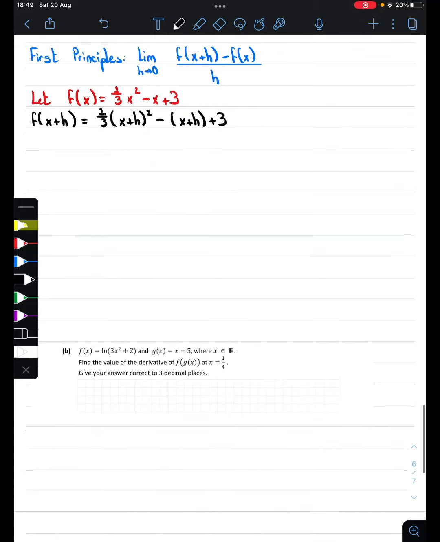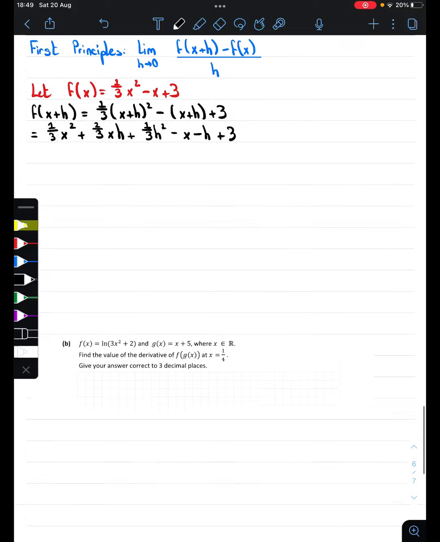So let's just tidy this up a bit. We get 1/3 x squared plus 2/3 xh plus 1/3 h squared, and then minus x minus h plus 3.